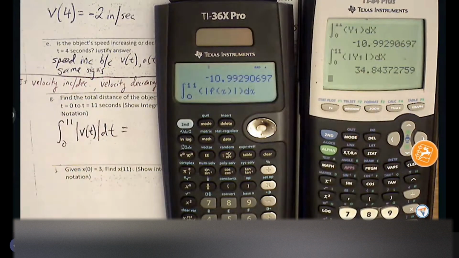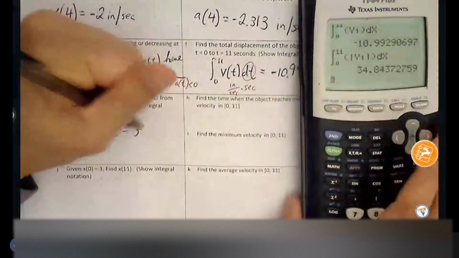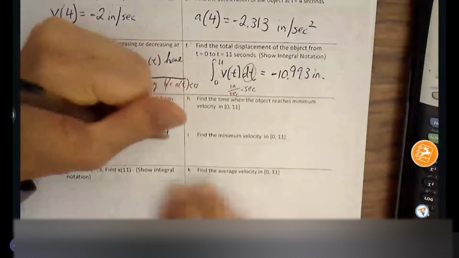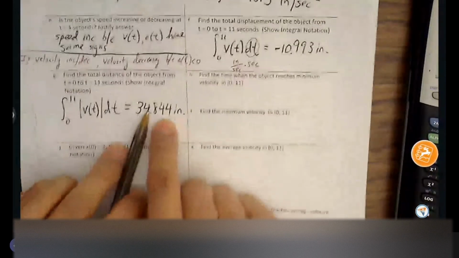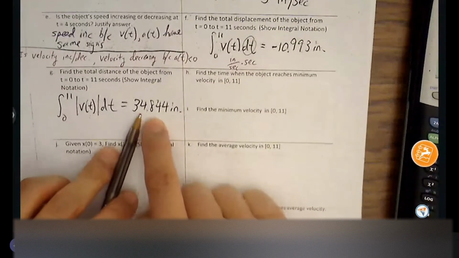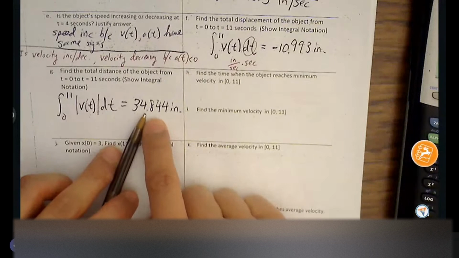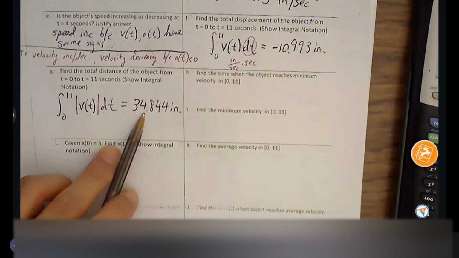Okay, I get 34.844. So because of all the back and forth movements, this object has a total distance of 34 inches.